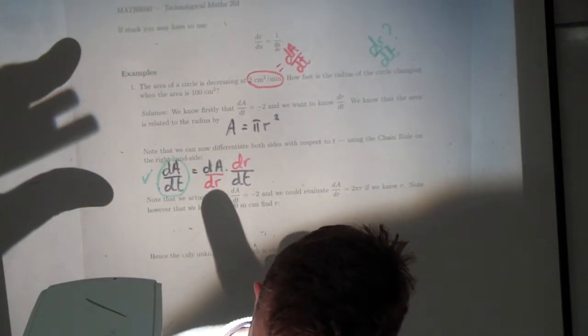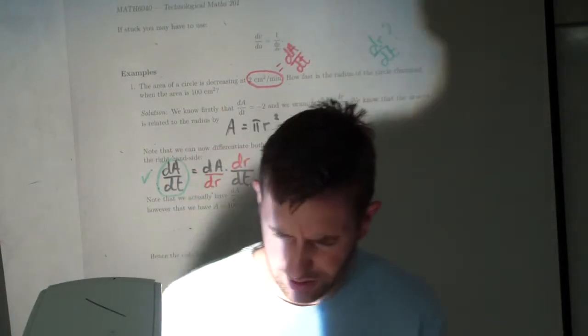Can we find the radius? dA/dt is -2 equals 2 pi r times dr/dt.